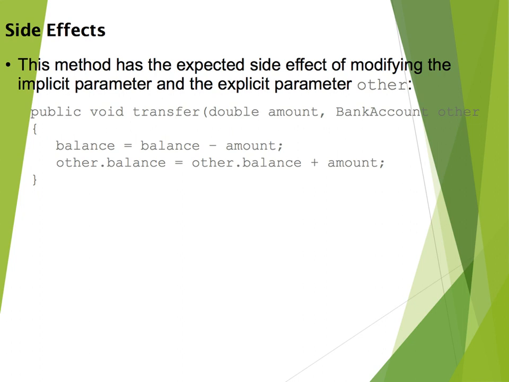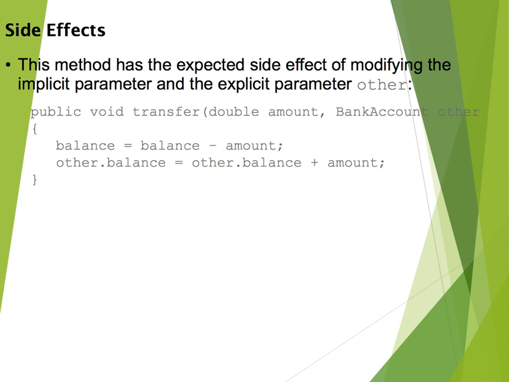In this example, the transfer method also has a side effect on both implicit and explicit parameters. It has a side effect on the implicit parameter balance because it reduces the balance by the value amount.